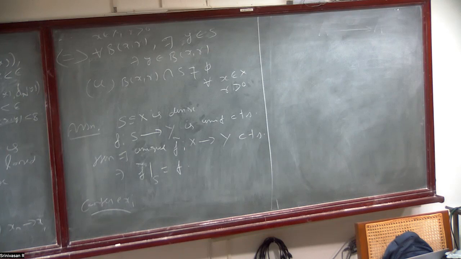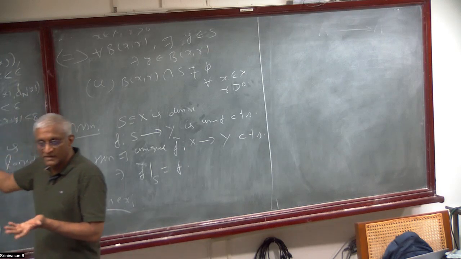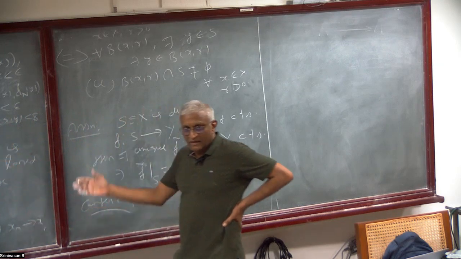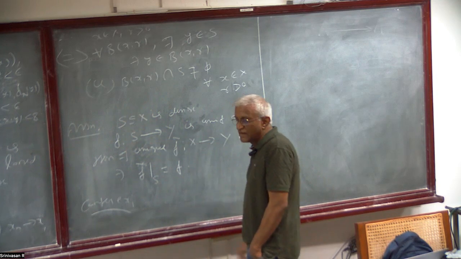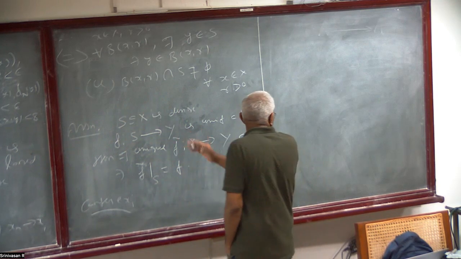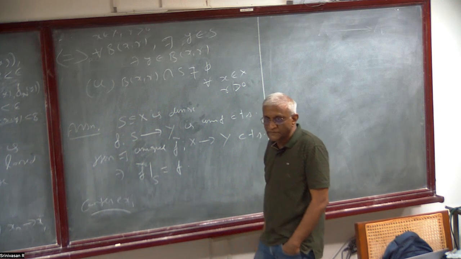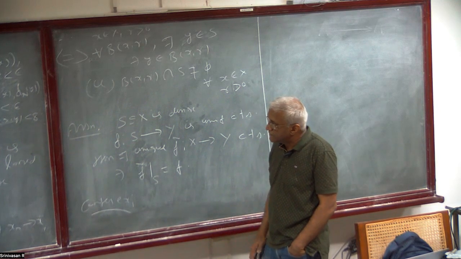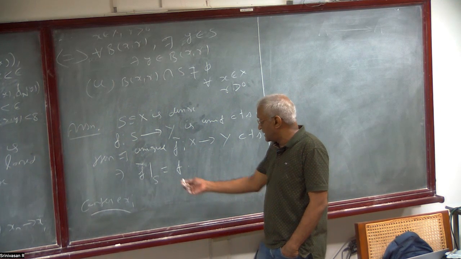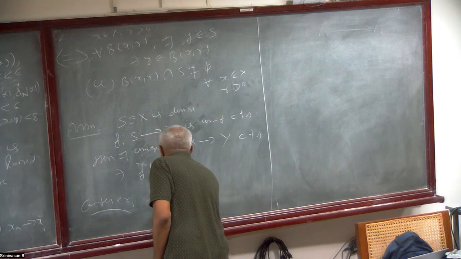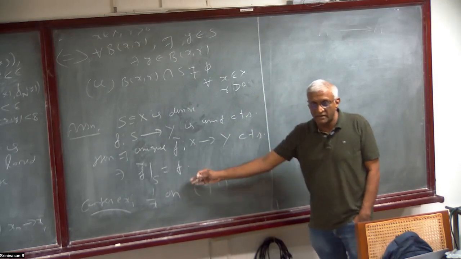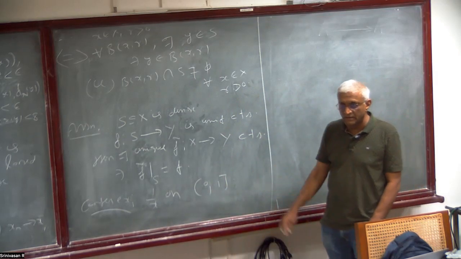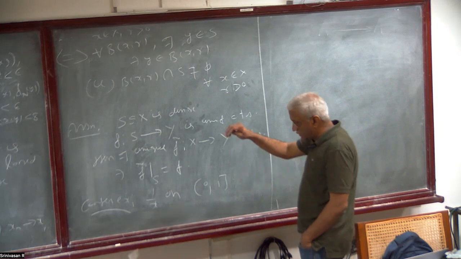The sequence x power n does not converge uniformly, and the pointwise limit will not be continuous, so it is actually not uniformly continuous. And 1 by x cannot be extended to the closure, because it's not uniformly continuous. These are counterexamples.